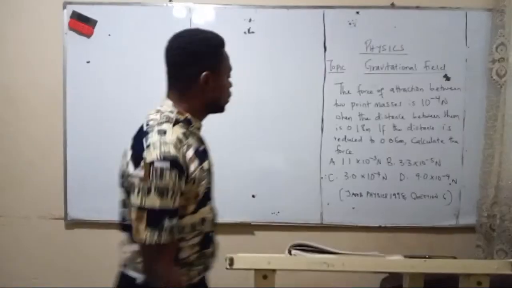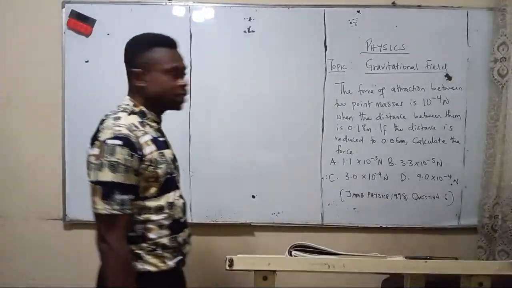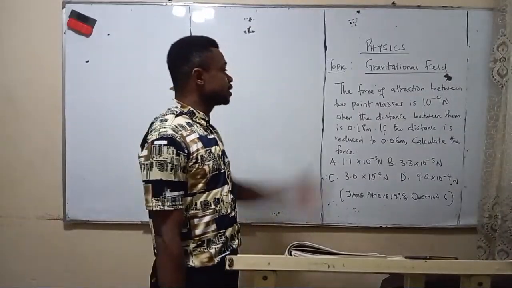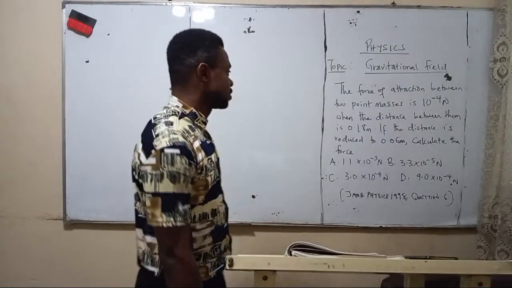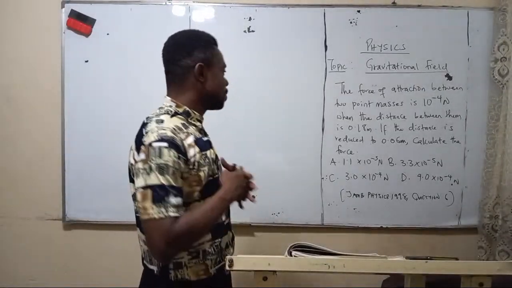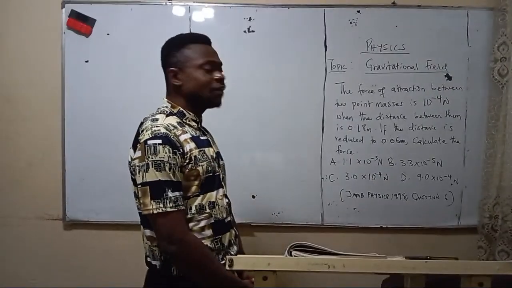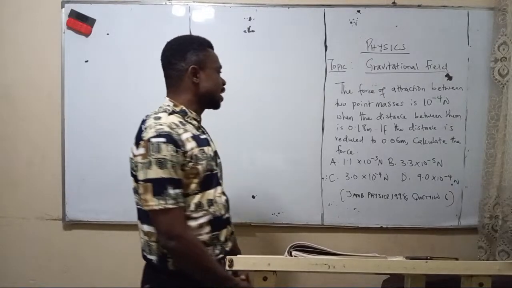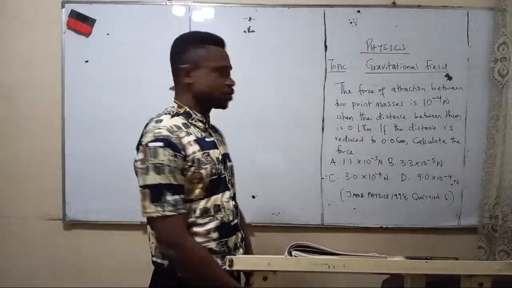Okay, let's look at the question. The force of attraction between 2 point masses is 10 raised to the power minus 4 Newton when the distance between them is 0.18 meter. If the distance is reduced to 0.06 meters, calculate the force.